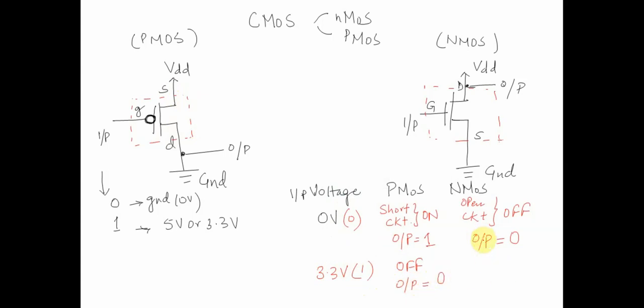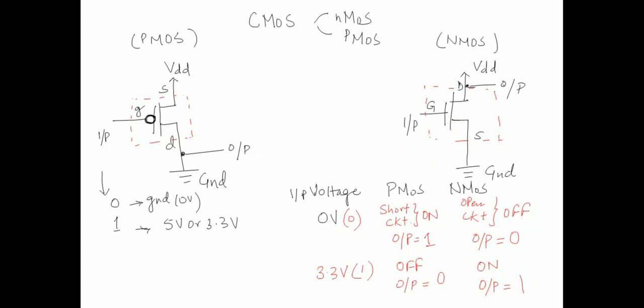Similarly, for my NMOS, if we supply 3.3 volt over here, this will act like a short circuit. The output of NMOS will be on, and the output of NMOS would be equal to 1. So this is the basic operation of a PMOS and an NMOS, where we say that NMOS operates whenever the input level is high.